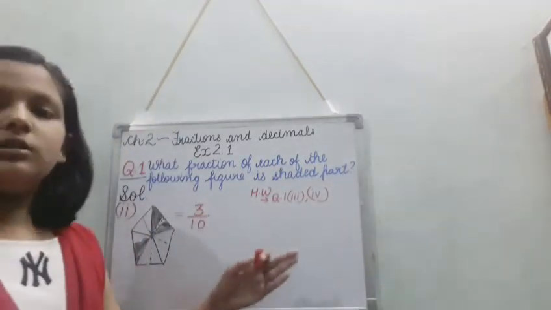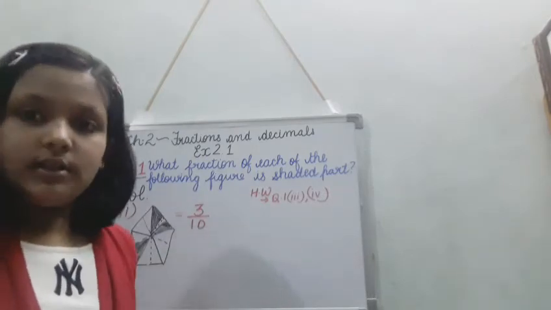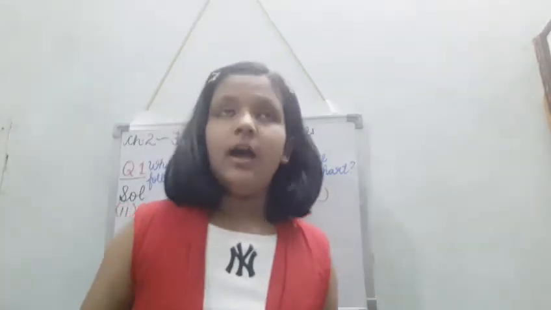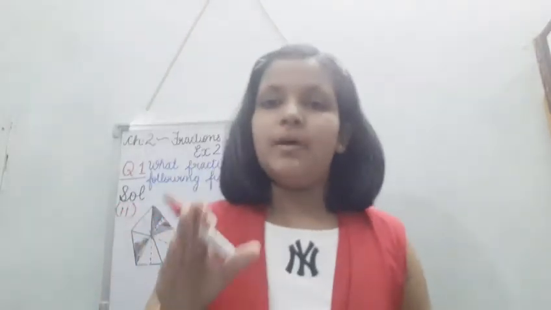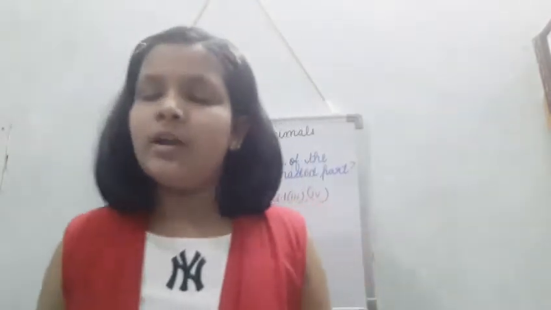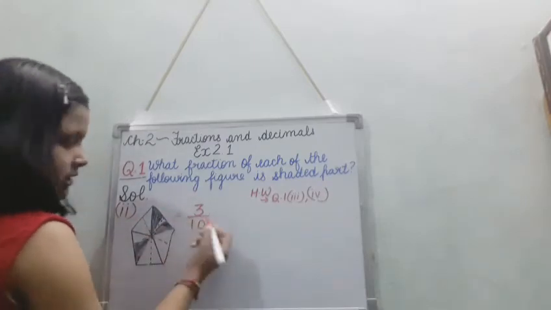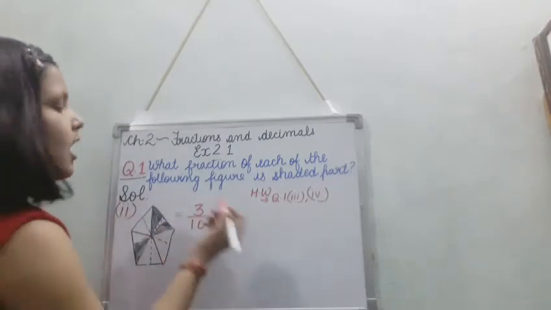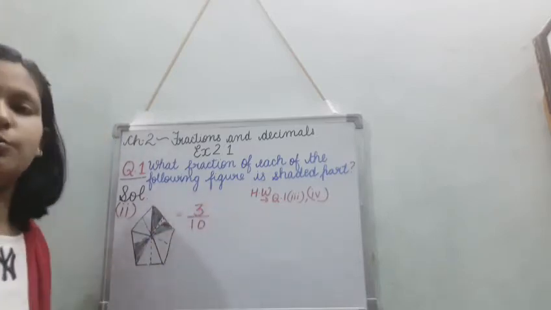And now the third and fourth parts are for your homework, for practice, because this question is very easy and the other questions we will solve fully, means all the parts 1, 2, 3, 4 whatever are there, we'll solve all of them. But this question is very easy. Whatever total parts are there, you have to write in the denominator, and whatever shaded parts are there, you have to write in the numerator.